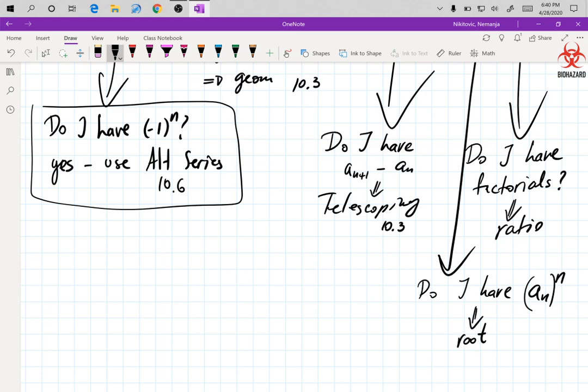This is very structured. It's not luck. It's not guessing, right? You sit down and you study what these things look like. Another question. Can I integrate? Obviously, the integral test.